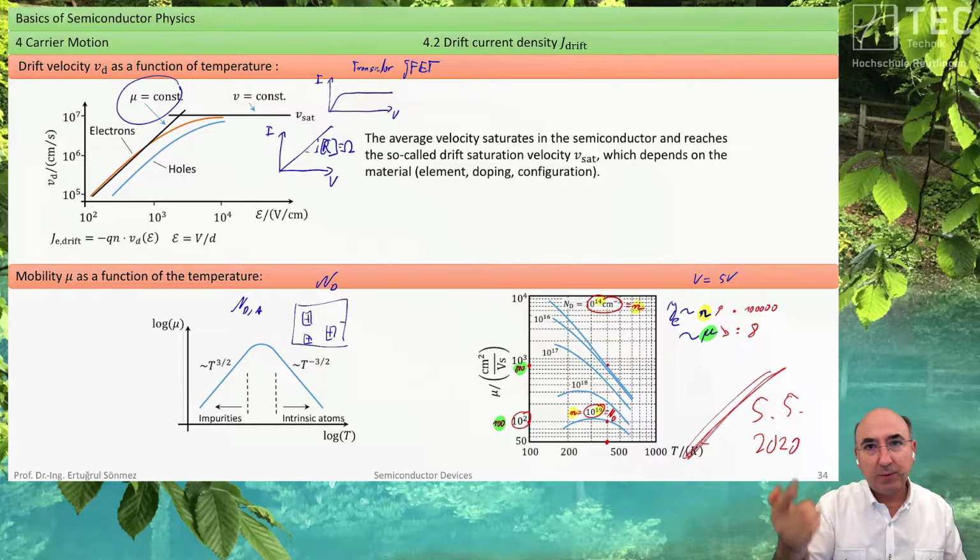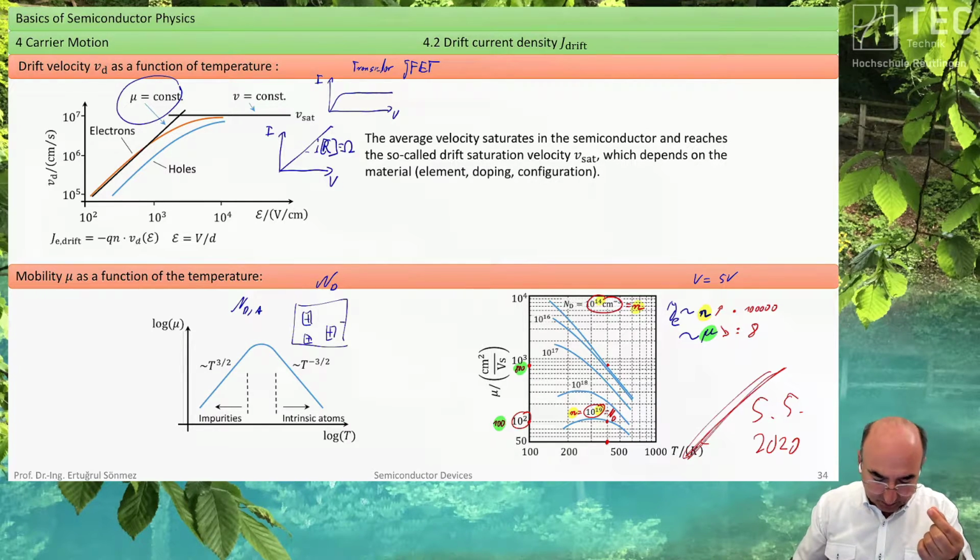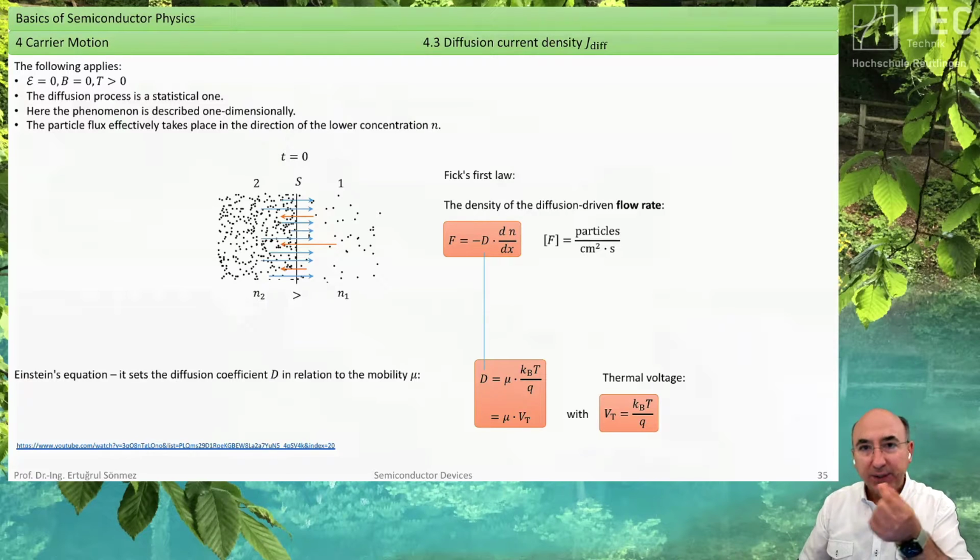And on top of this, we have the thermal motion, but without net direction of the electrons or the carriers. So the temperature gives you an arbitrary movement in 3 dimensions. But in the next step, we will learn how this thermal motion will result in a net diffusion, net movement.